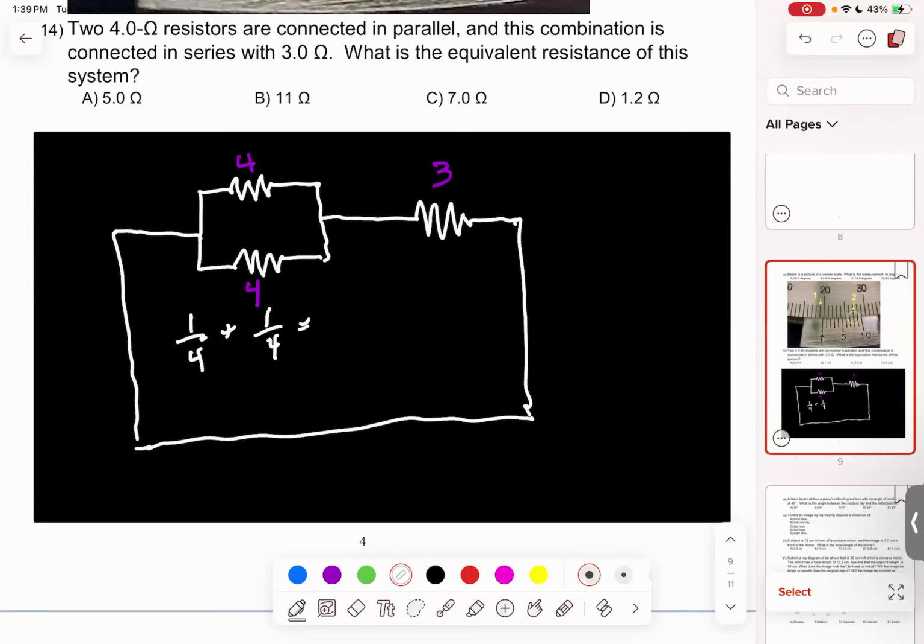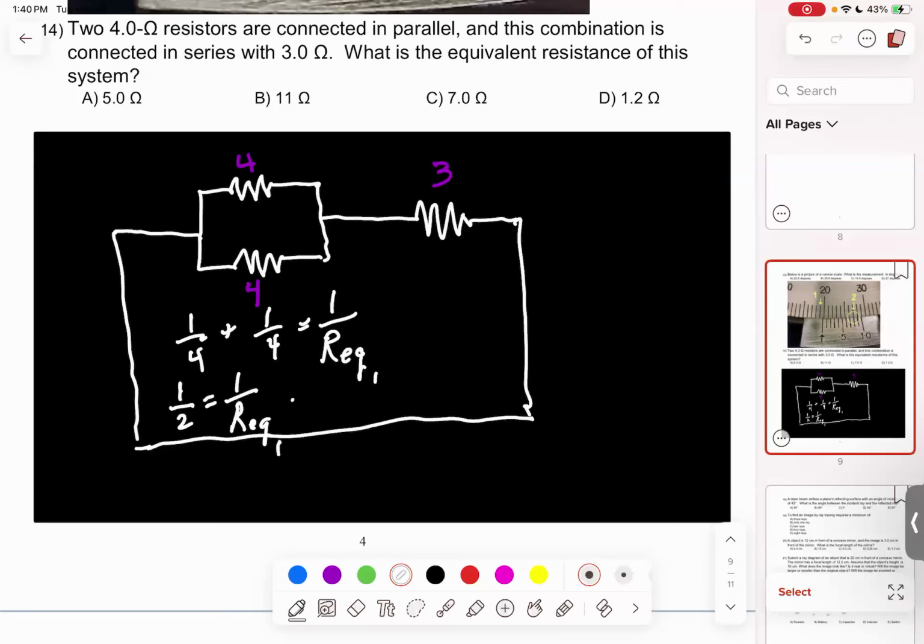So these two resistors that are in parallel, let's see, 1 over 4 plus 1 over 4 is going to equal 1 over, we'll call it REQ1 because that's just a preliminary stop for us. We're going to erase that. Let's see, we get 2/8. Sorry, we get 1/2 on the left side. So 1/2 is equal to 1 over REQ1.